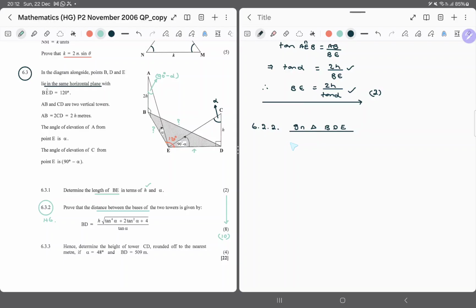We're going to say, well, tan of 90 degrees minus alpha is going to be the opposite, which is h, divided by the adjacent side, which is ED, because this is what we want. Now this is in triangle CDE.